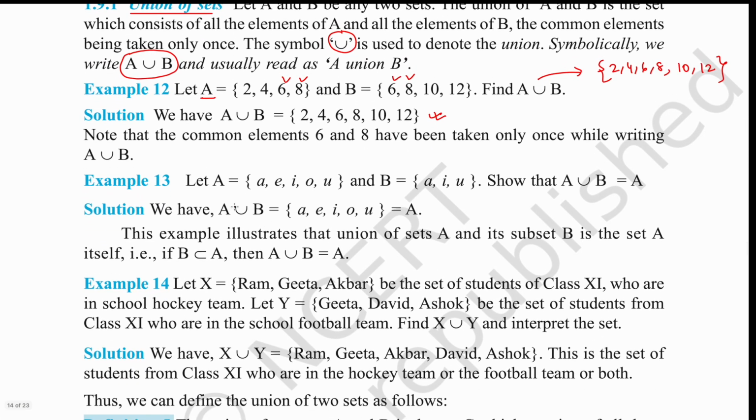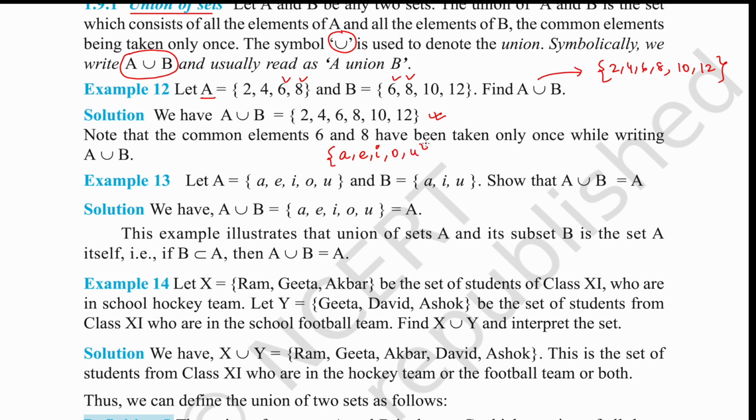Let's see another example. Here you have set A having all the vowels inside it: A, E, I, O, U. You have another set B which has elements A, I, and U. Now, if you want to find A union B, that means we are trying to find a set which contains all the elements of A and all the elements of B. So here, if I add all the elements of A inside this set, then you have A, E, I, O, and U, right?